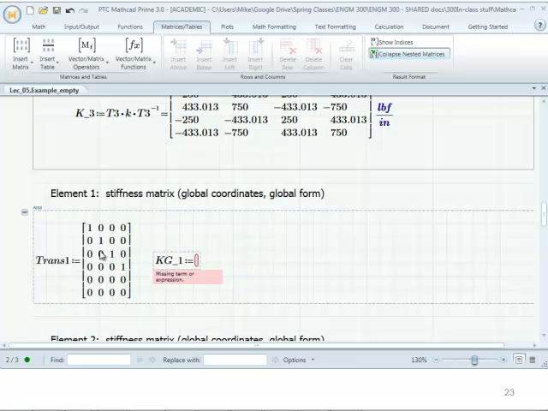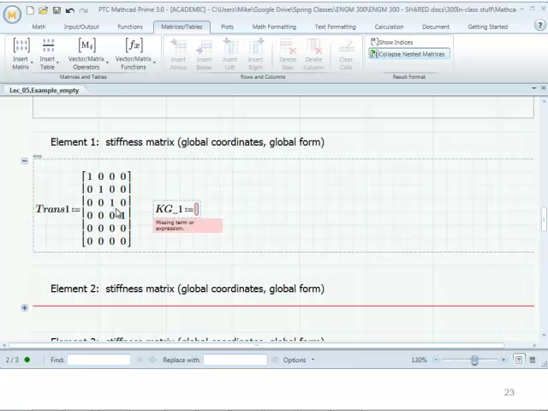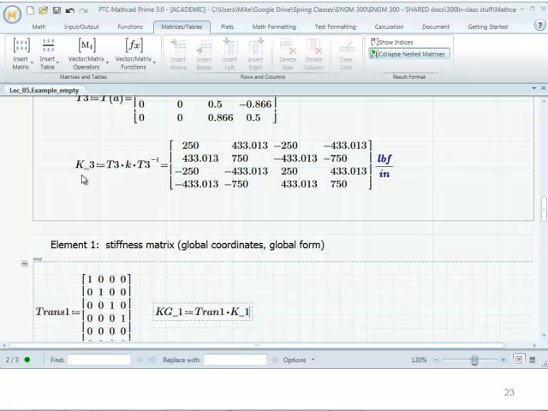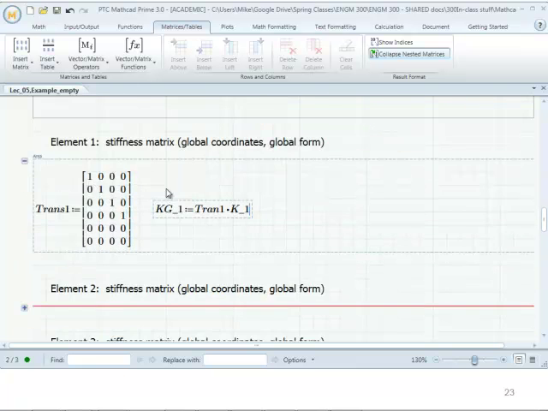This is a 6x4. You know, trans 1, right? This guy right here, times, what's that? Thank you. Now let's see what happens if I forget it. K sub 1, right? Because that's this matrix up here. Again, for element 1, not element 3.